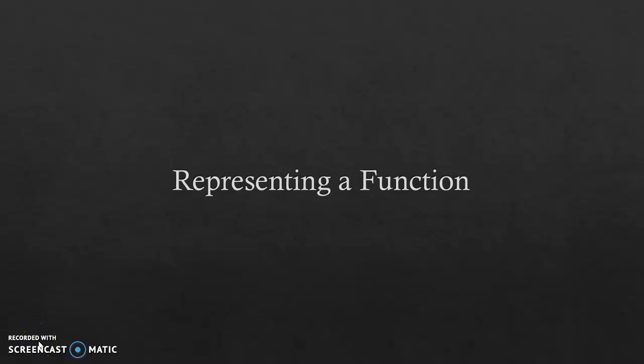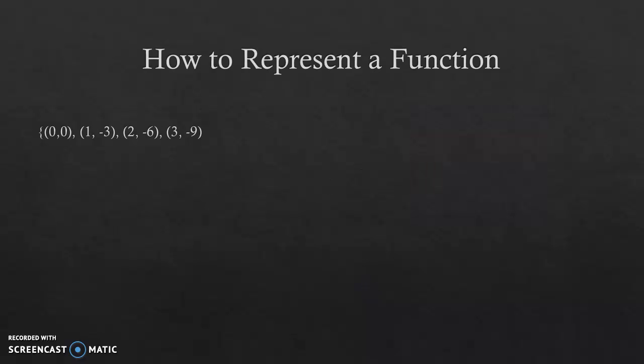All right, so our last piece when it comes to functions and introduction to functions is, well, how can we represent functions? And there are actually 4 ways that we can represent a function. So we can represent a function by ordered pairs, right?